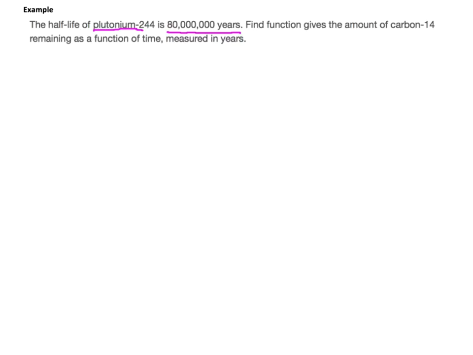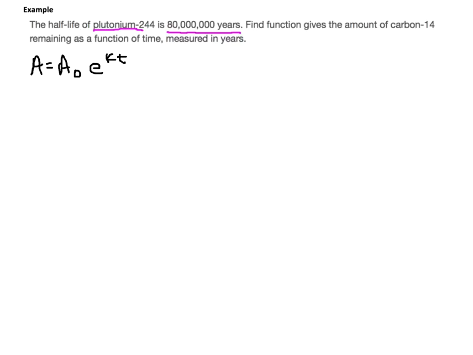So I'll remind you that we want to fit it in that model, A equals A sub 0 e to the kt. And to write this function, all we need to know is the constant k. They haven't given me a starting amount and asked me to find a new amount or a time.